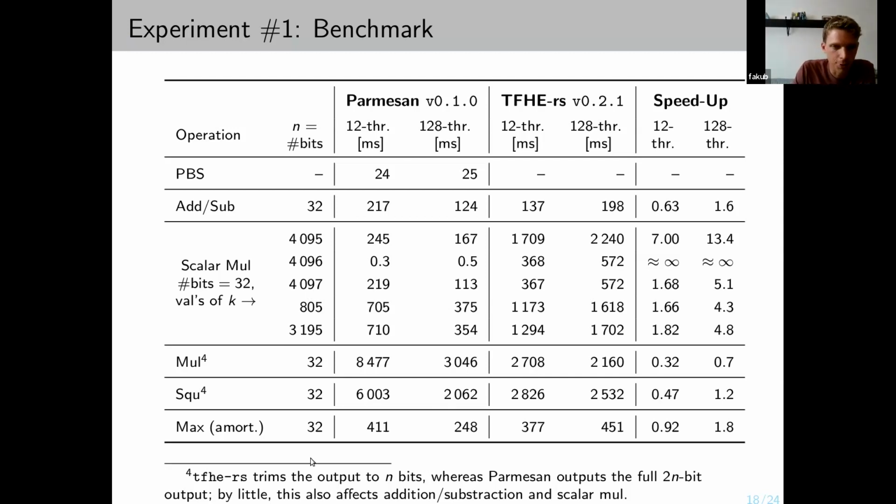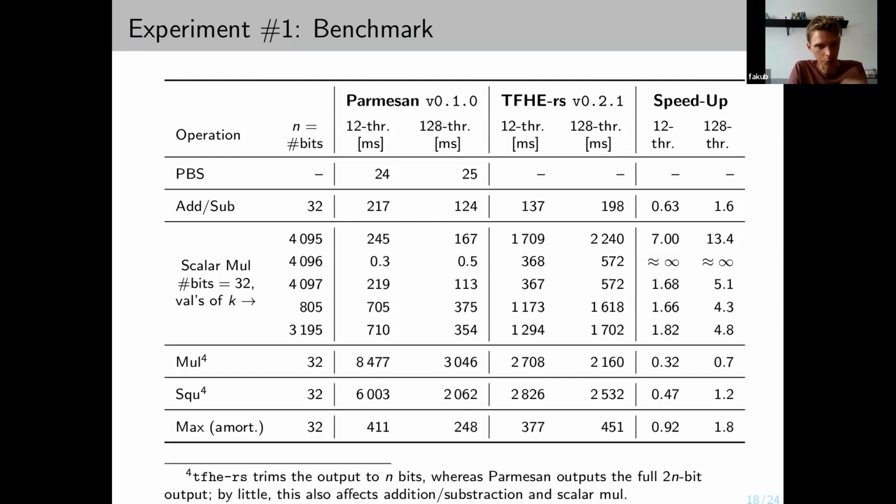It's also worth commenting on the multiplication and squaring. Because, as I said, TFHE RS trims the output to the length of the input, whereas Parmesan outputs the full output. So if each input is n bits long, then the output is 2n bits for squaring and multiplication, and Parmesan doesn't trim.